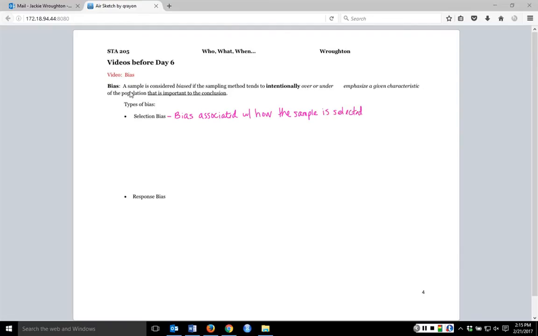So we're going to look at a couple of examples, but I'm going to be very specific of how I define this to make sure you understand why these are examples of ones that have selection bias.